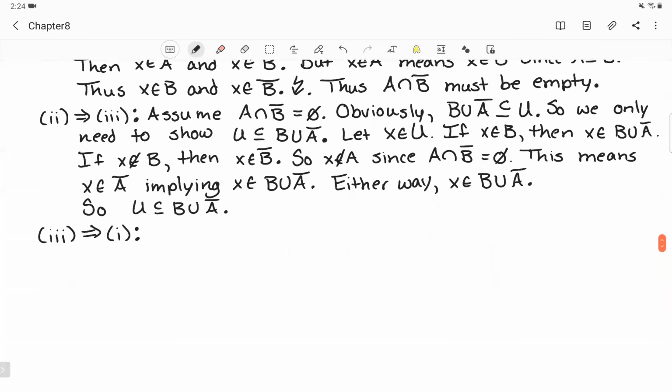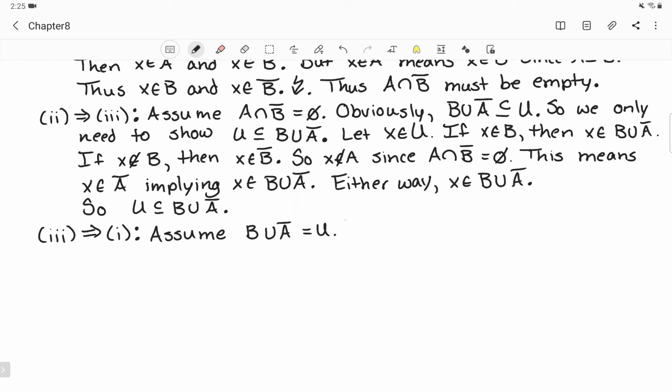What do I need to assume to show 3 implies 1? Assume that B union A complement equals the universe. Now what's my goal?